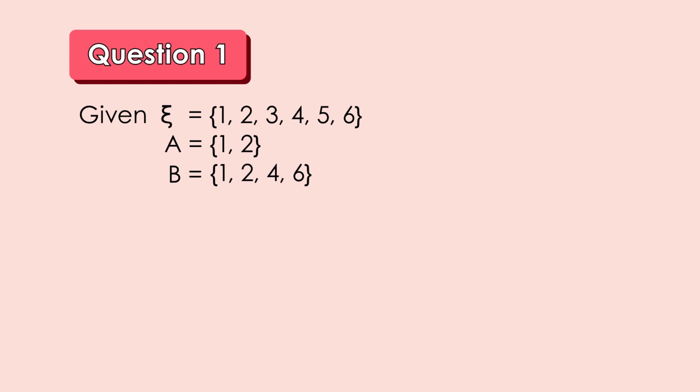What is the relationship between these sets? Let's look closely at the elements of each set. Every element of set A is in set B. Thus, set A is a subset of set B. This is written as A subset B.